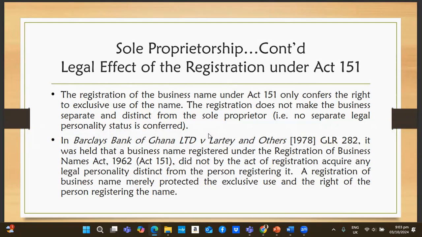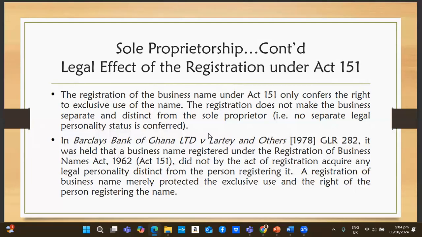Good. Okay. So, just to illustrate the point you've made, where you have registered a business name under the Registration of Business Names Act, Act 151, it gives you just the right of exclusive use. It does not make the business separate and distinct from the sole proprietor. So the mere fact that we've registered a business name does not mean that the business has now assumed a separate entity from you, the incorporator.